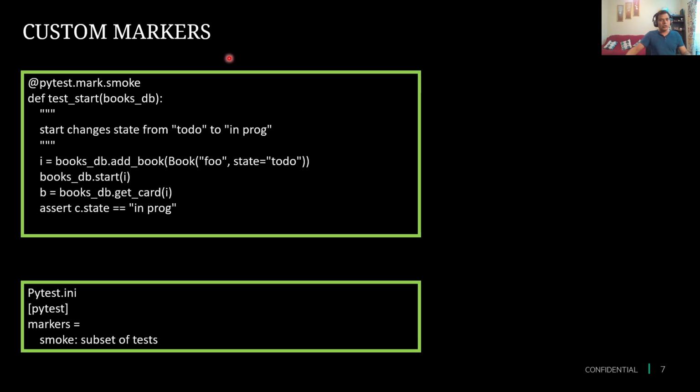So what do we do? While writing a test case that belongs to a particular category, we can use the marker. And adding the marker is as simple as using the built-in marker. The syntax is exactly the same. Now instead of the built-in marker, we are giving our new marker name.